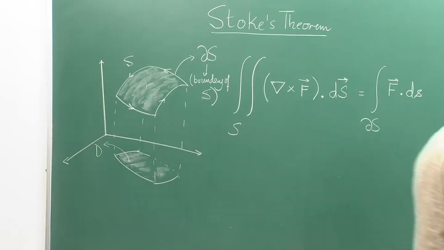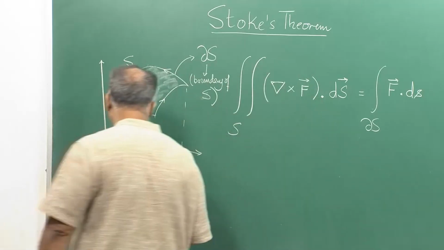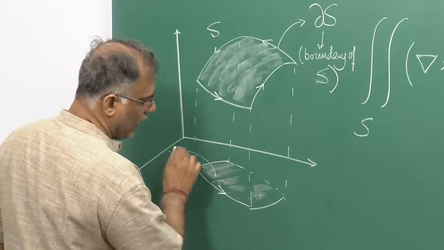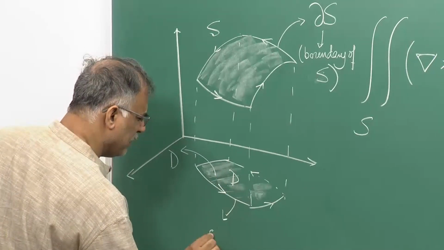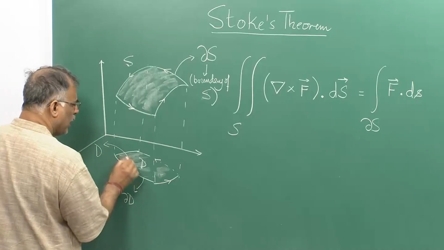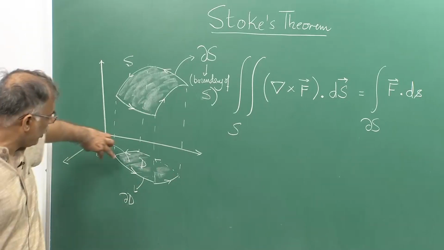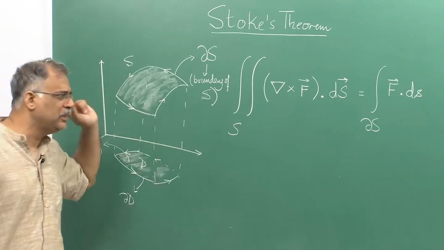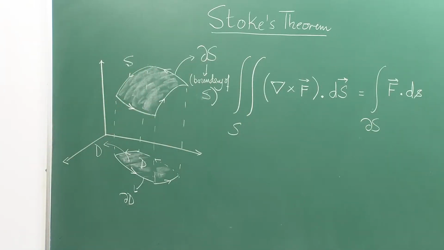Whenever we write anything, conventionally we take it to be positively oriented, as we have done in the case of Green's theorem. Positively oriented means if I walk along the boundary of D, my area should always be on my left hand. This is something you have to keep repeating to yourself when working with these things. Those who read differential geometry in the future will find this very useful.